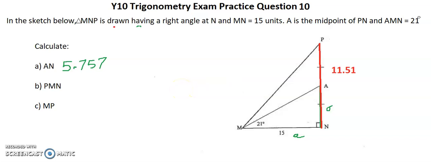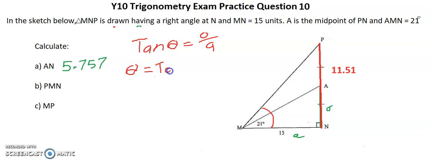Again, if we are using both of these sides and we don't know the whole angle, so we are using our tangent. So that is tan alpha is equal to opposite over adjacent. To get angle by itself, I'm going to use the inverse operation.